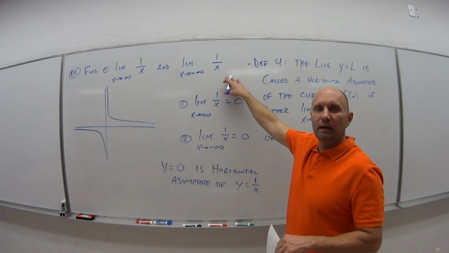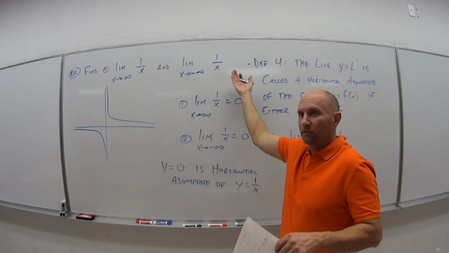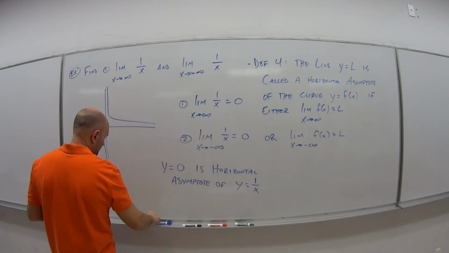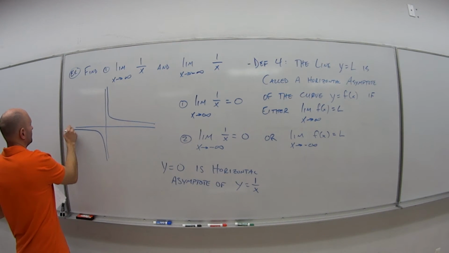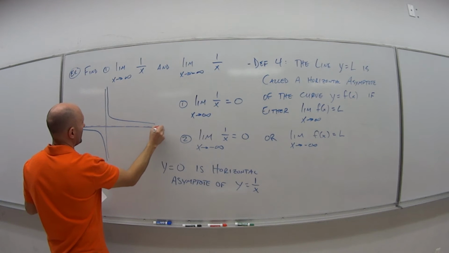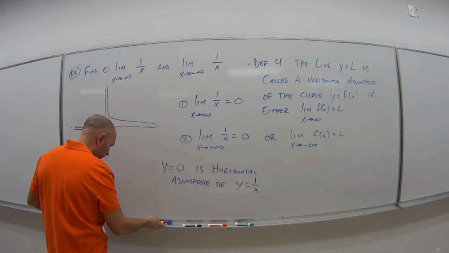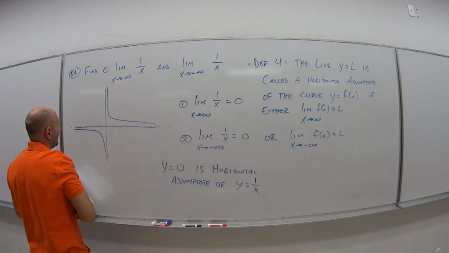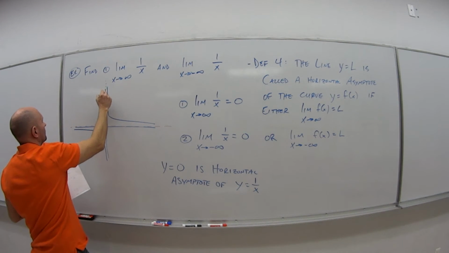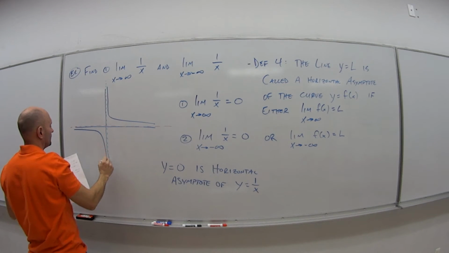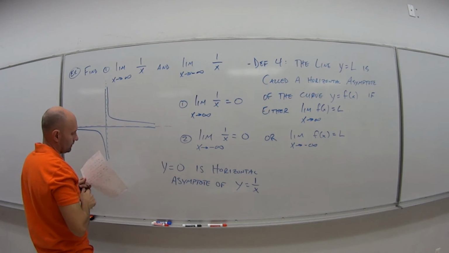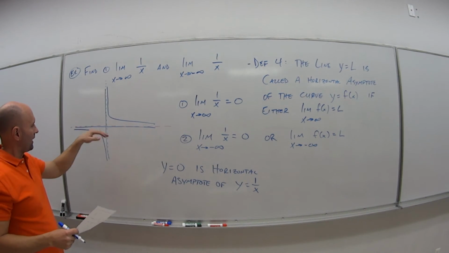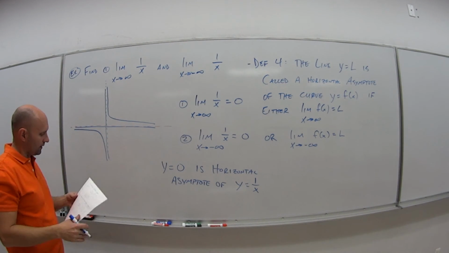Where is the denominator equal to 0? Well, it's when x is 0. So I have a horizontal asymptote at y equals 0, but I also have a vertical asymptote at x equals 0. So this one has both. They both happen to be the axes here on our graph.